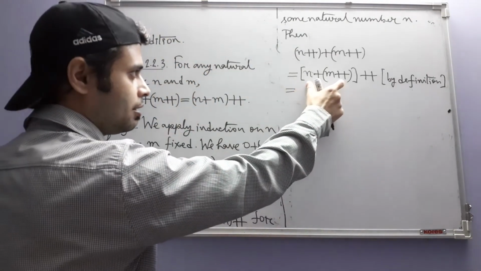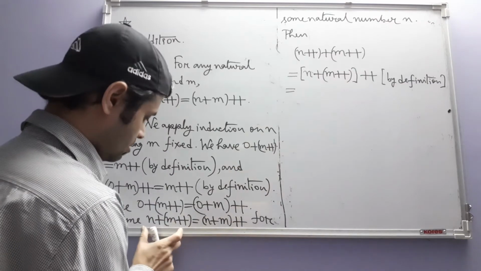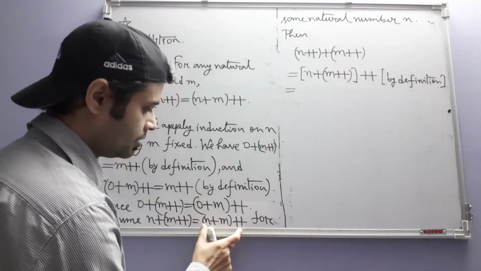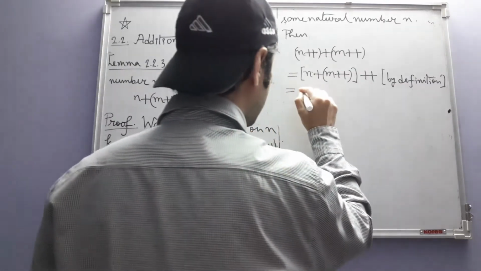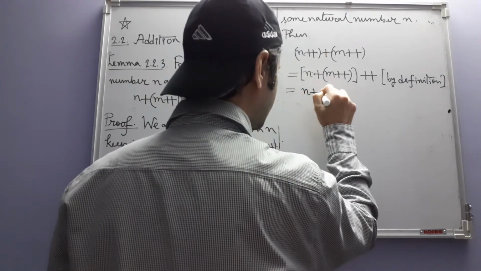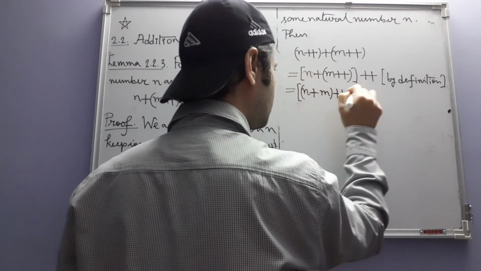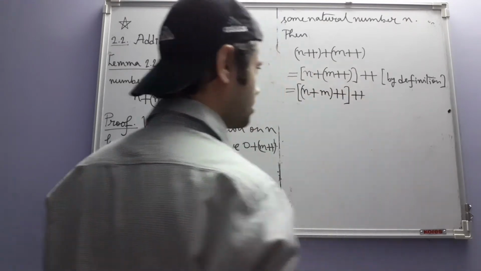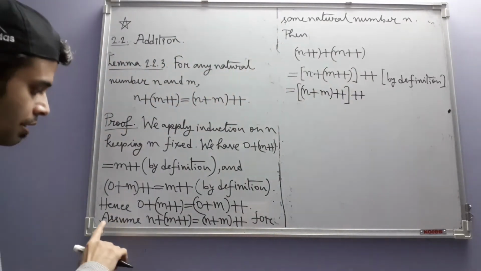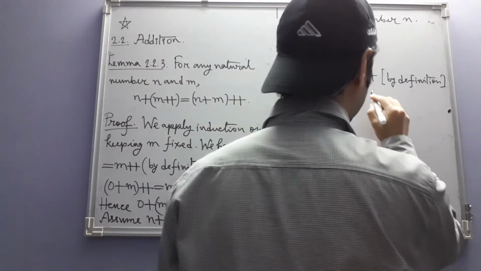Now in place of this one, I am going to write this one. So I have n plus m plus plus plus plus, and this is coming from the induction hypothesis.